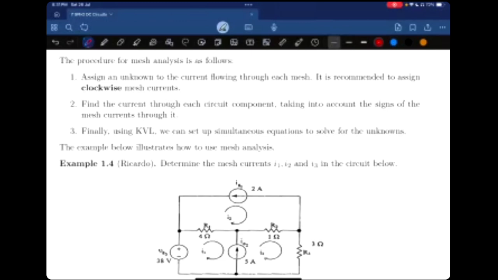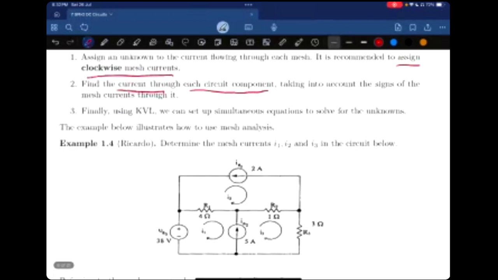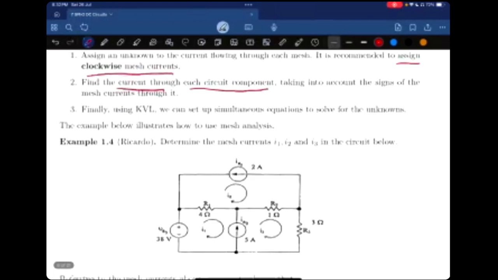The recommendation is again to assign clockwise mesh currents. In reality, you can assign any direction you want as long as you are consistent with your signs, but the easiest way to not mess up your signs is to assign everything as clockwise. Now, you want to find the current through each circuit component. So what do I mean?